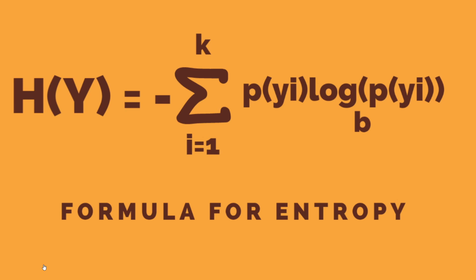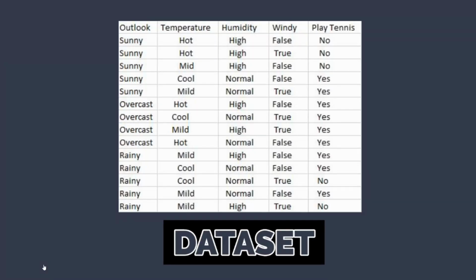Now what do we mean by P(yi)? P(yi) is the probability that your random variable is some instance value yi. Now let us consider this dataset. Suppose this variable, which is play tennis, is your random variable. So y is play tennis. It can take on two values, a yes or a no. All the yes represent the positive class and all the no's represent the negative class.